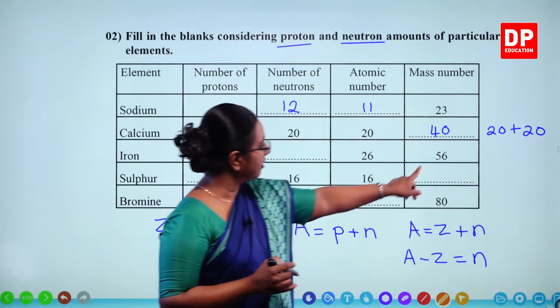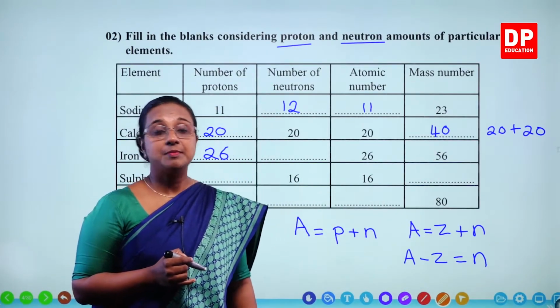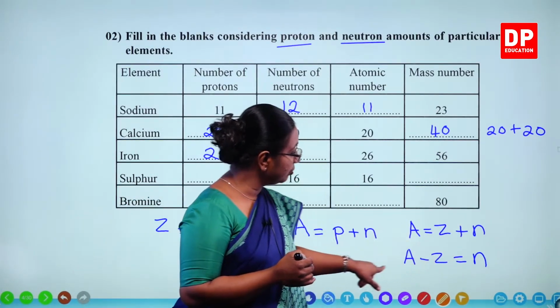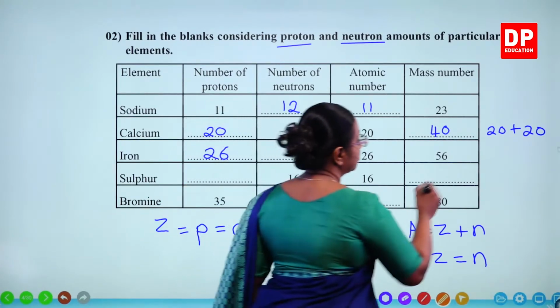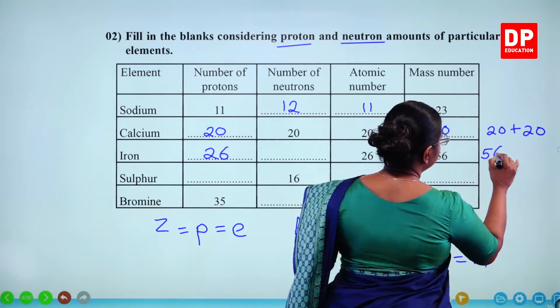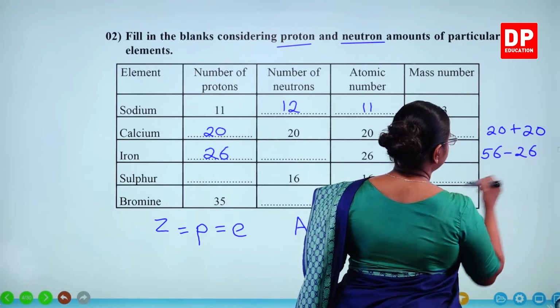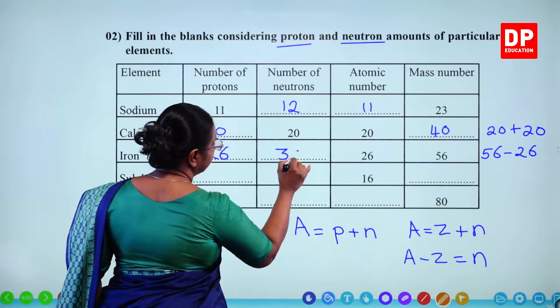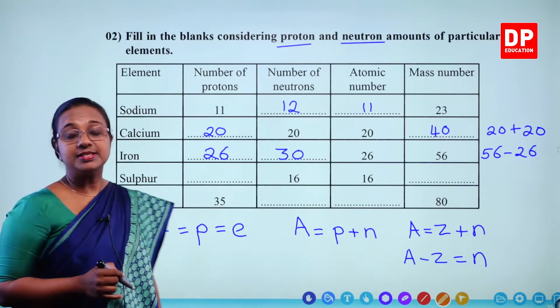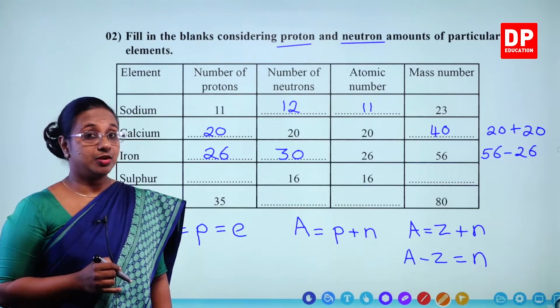Then what do we have? We have 56 mass number. Now I have given you this equation: mass number minus atomic number. So here it's going to be 56 minus 26. So what is the value? It has to be 30. Number of neutrons is 30. Is that clear to you all, students?